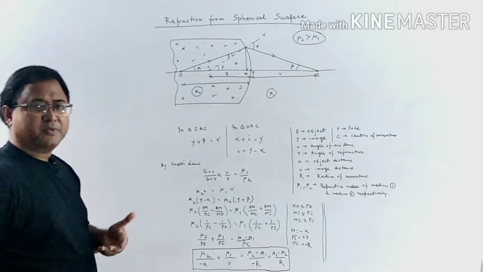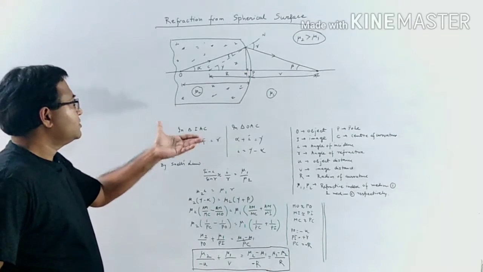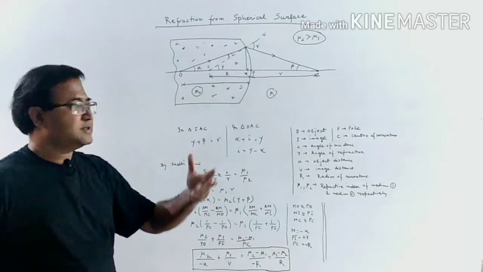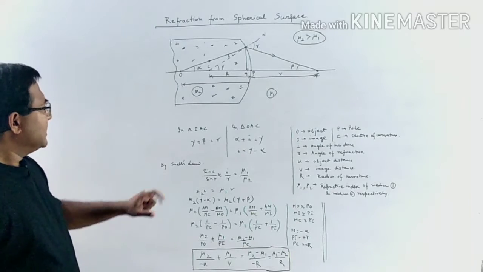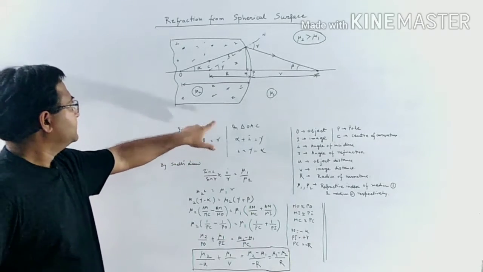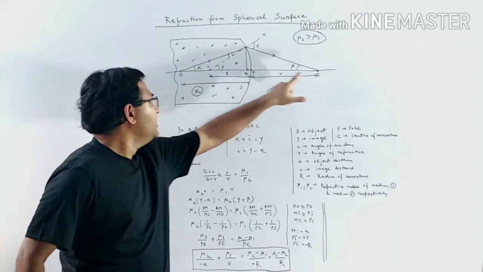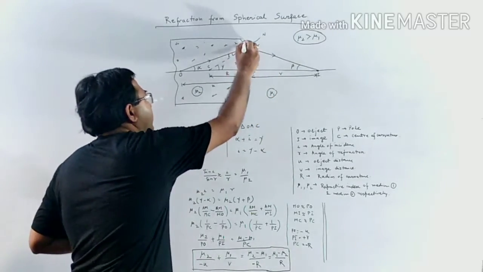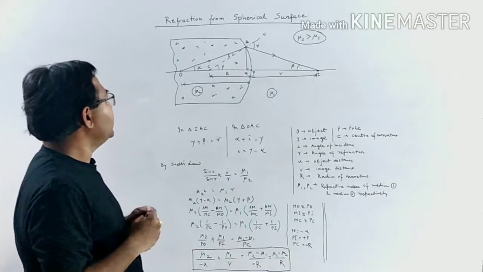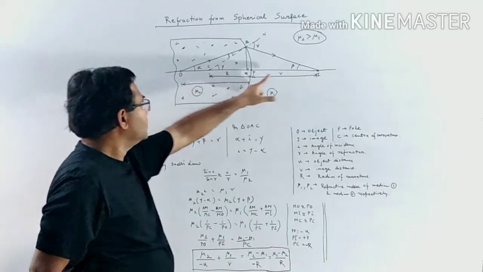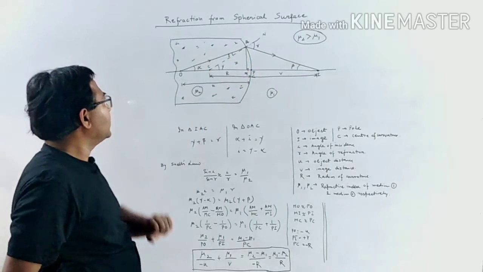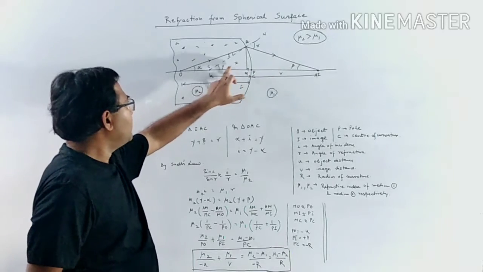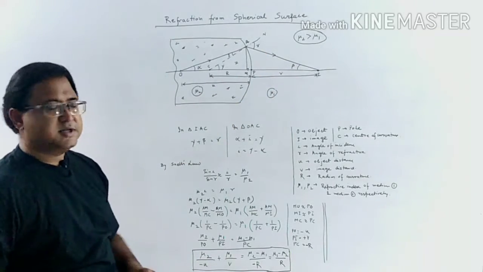Here also, as we have done previously, we use the geometrical method to find the relationship between U, V, the refractive indices and R. In triangle IAC, this is I, this is A and this is C. In this triangle, R is the external angle, and gamma and beta are the opposite interior angles.